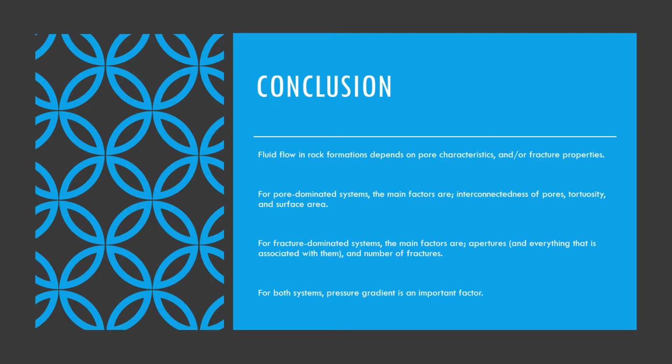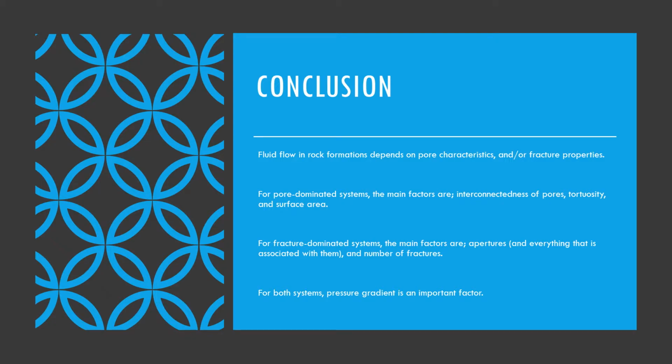And finally, in conclusion, I just wanted to go through the main concepts discussed throughout chapter 4. Fluid flow in rock formations depends on pore characteristics and or fracture properties. So depending on whatever formation you are looking at, whether it is fracture dominated or pore matrix dominated, there are different characteristics. For pore dominated systems, the main factors are interconnectedness of the pores, tortuosity, and surface area.